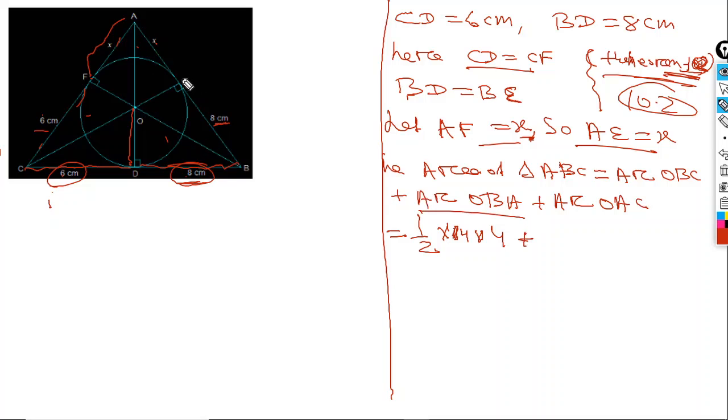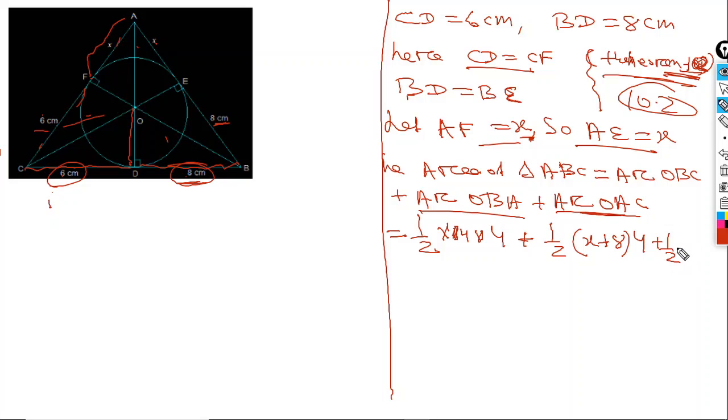This triangle. Now 1 by 2 into base, which is x plus 8, into height, which is 4, plus 1 by 2 area of OAC. OAC is this triangle: 1 by 2 into 6 plus x into 4.